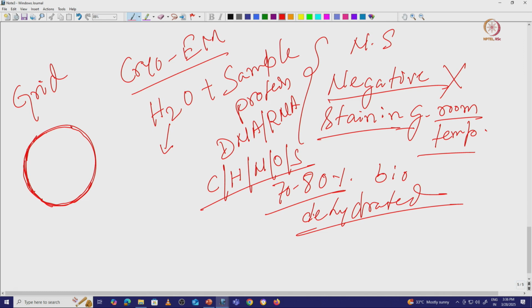When there is copper, this is a metal bar, you can tell that this is made of copper, and the overall diameter will be 3.05 millimeter. I'll show you some images of how this grid looks. Now in this grid there will be this kind of metal bar.